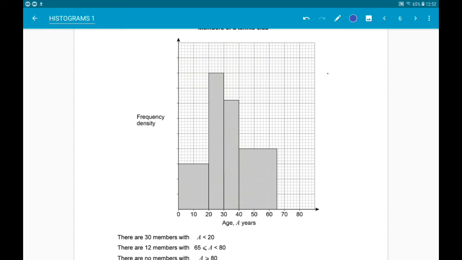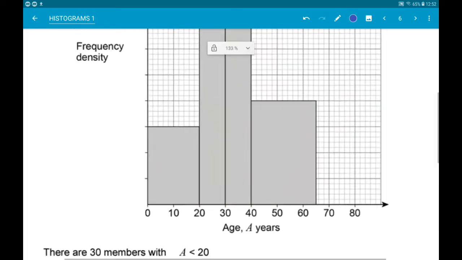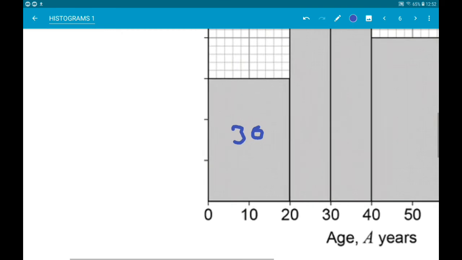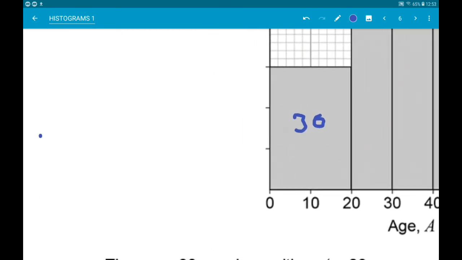To do that, we are going to start with the fact that there are 30 members with age less than 20. So that means in this bar, the frequency, or the area, is 30. Now the width is 20, so the frequency density must equal 30 divided by 20, which is 1.5.